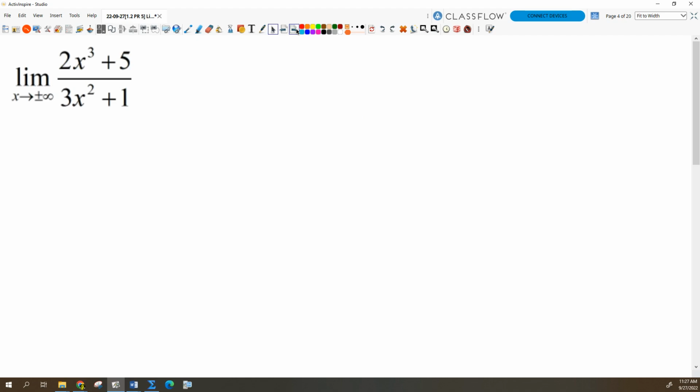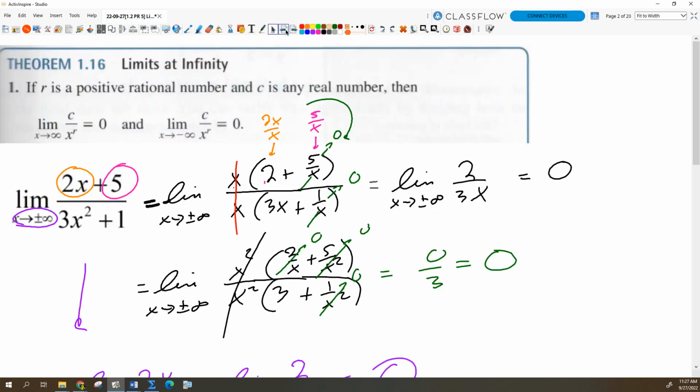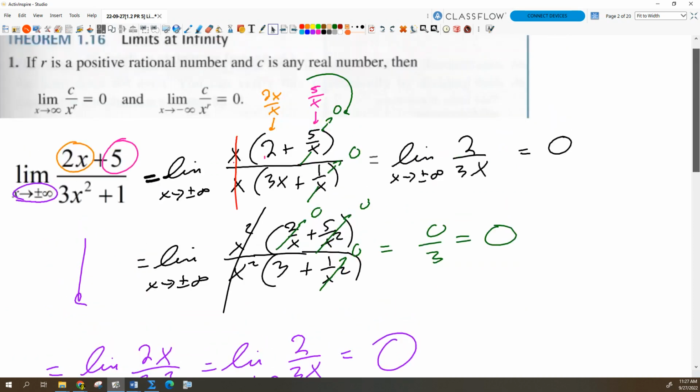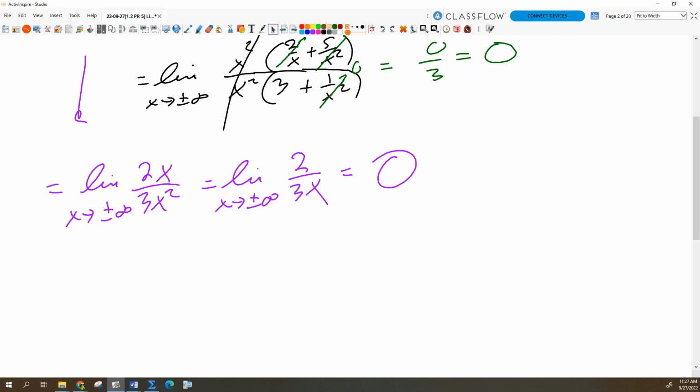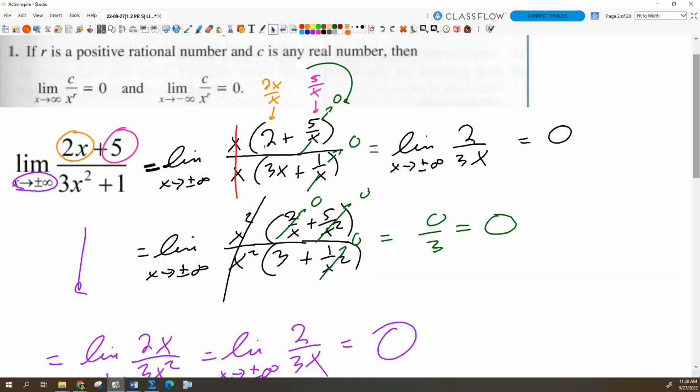Okay, how about this example? Now, by the way, I want to go back to these last two for a second. We left one issue maybe a little bit unresolved. We got the limit of this function as x approaches infinity or negative infinity is 0. So what does that tell us about the existence of a horizontal asymptote? If the limit of this rational function as x approaches plus or minus infinity is 0, what is the equation of the horizontal asymptote? y equals 0, right?